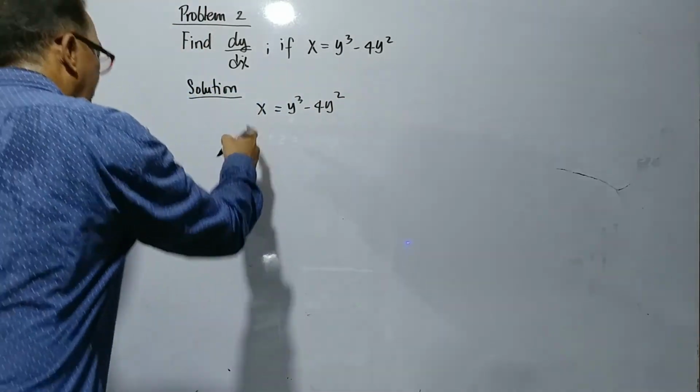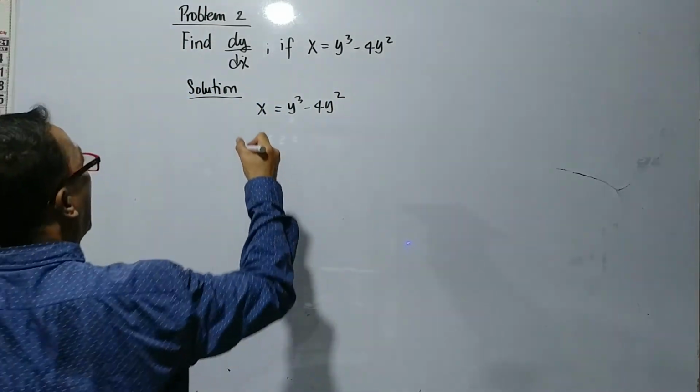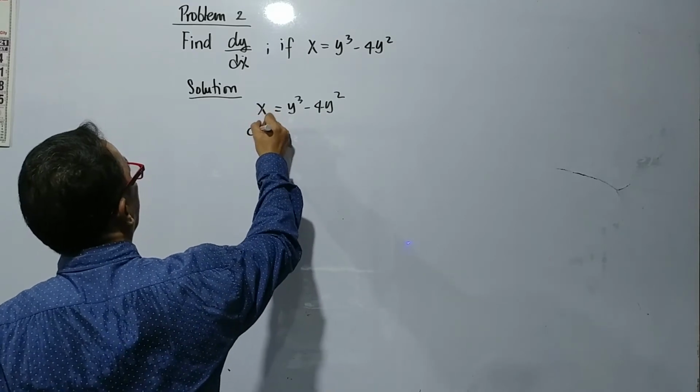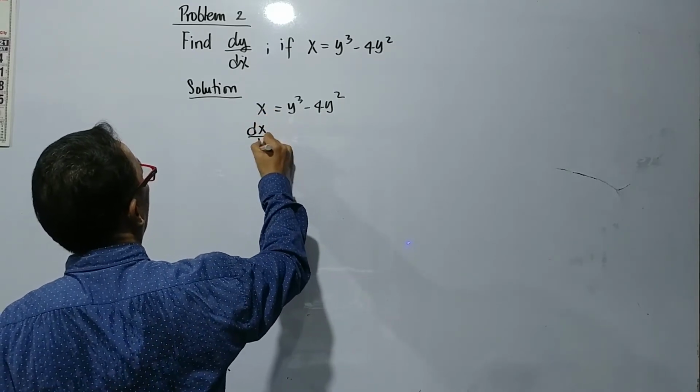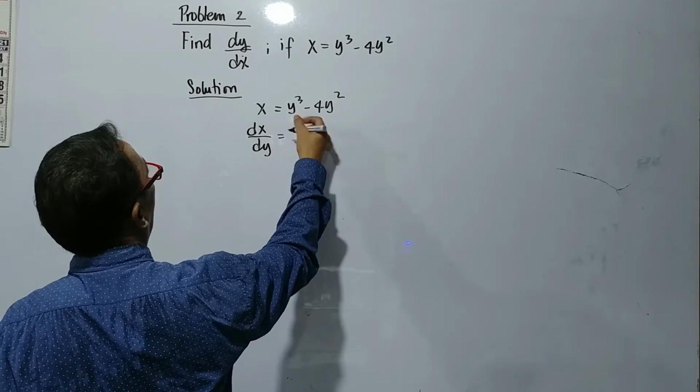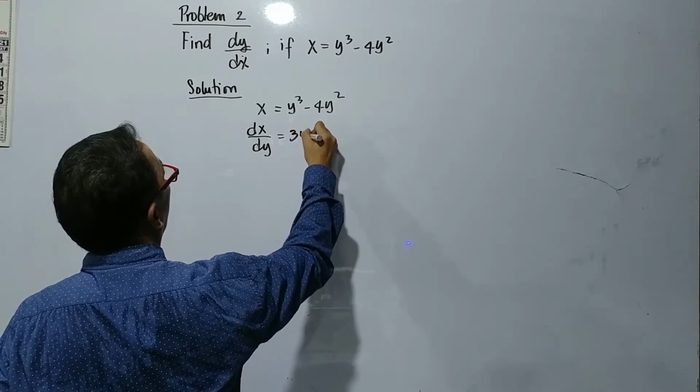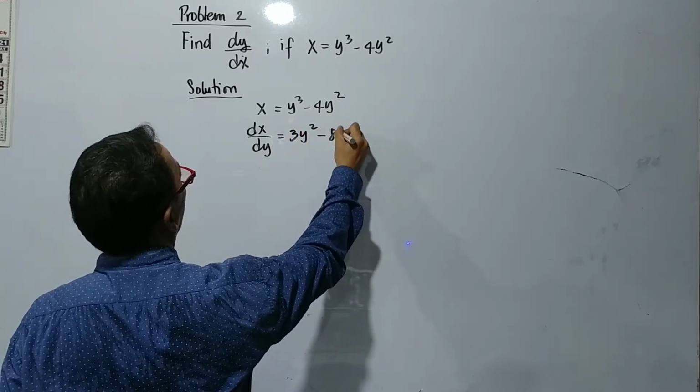So for x, the differential of x is dx/dy, and then we have 3y squared minus 8y.